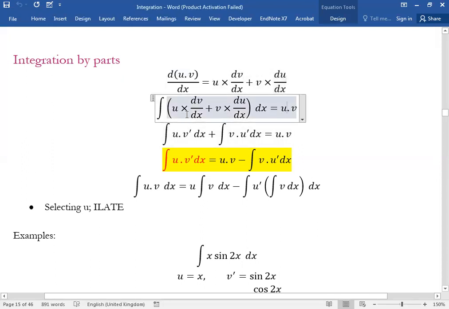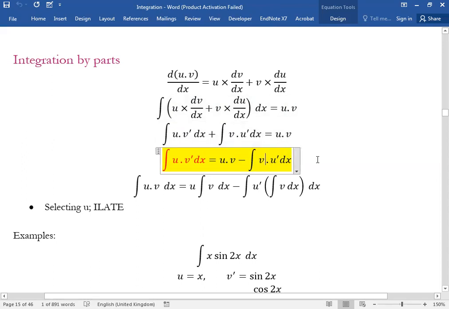Yes, I will. अच्छा, इसमें जरा और से देखो, I have two things, u into derivative of v plus v into derivative of u. Can I just integrate them separately? Can I do that? Yes. Again, this integral is being added over here. If I take it on the other side, can I just subtract it?